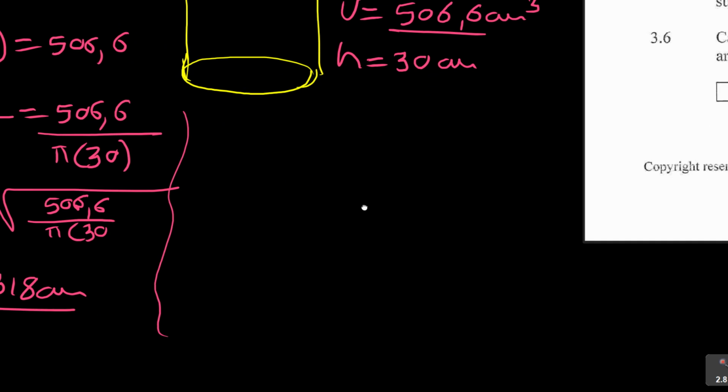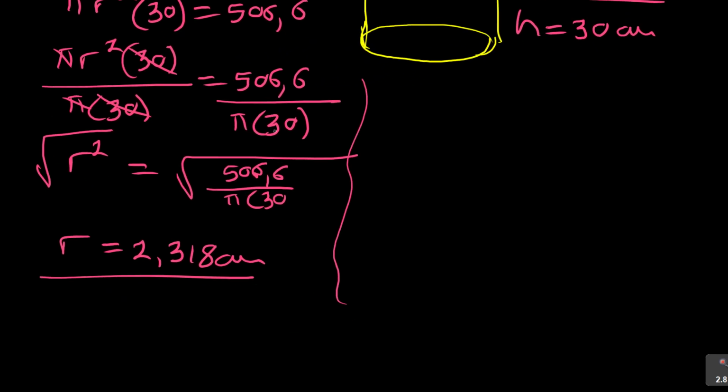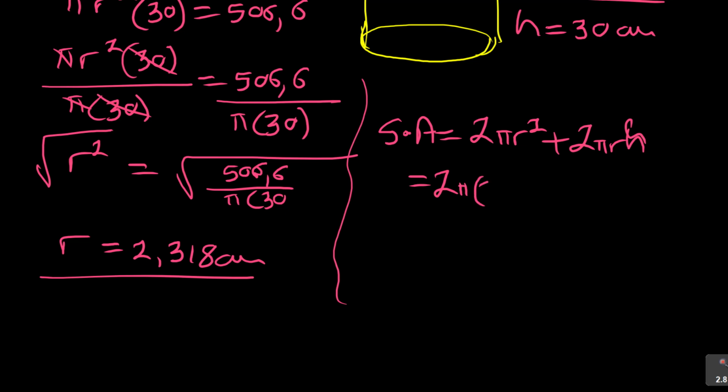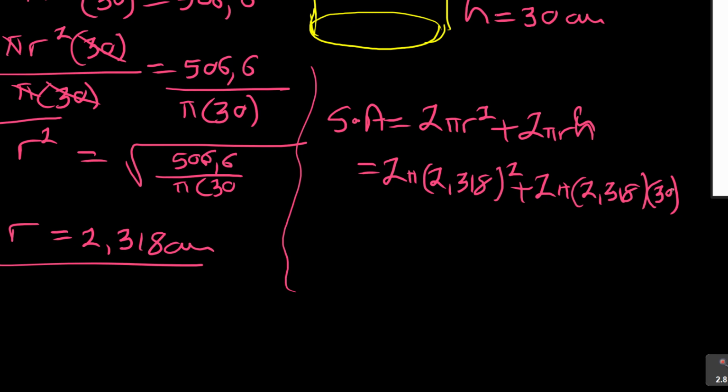You've got the formula now to say SA, surface area, is equal to 2 pi r squared plus 2 pi r h, which is equal to 2 pi and then 2.318 squared plus 2 pi 2.318, and then the height is 30. That's the 30, that H, and that's the surface area there.